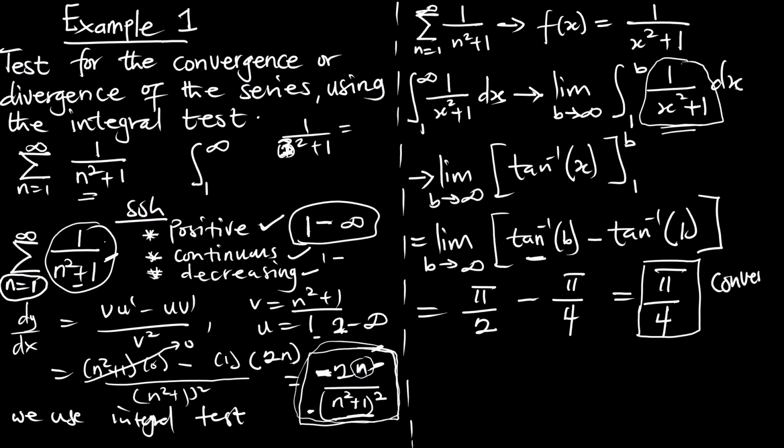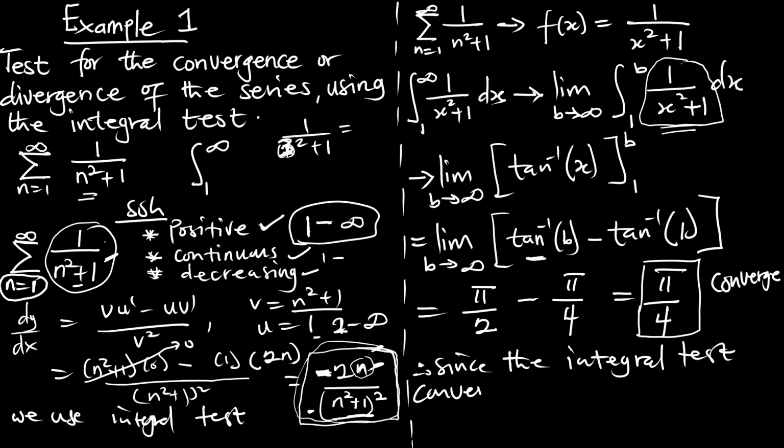Since this integration gives us a definite value, that means the integral converges. So you have to conclude that since the integral test converges, the series is also convergent. So this is a convergent series with the integral test.